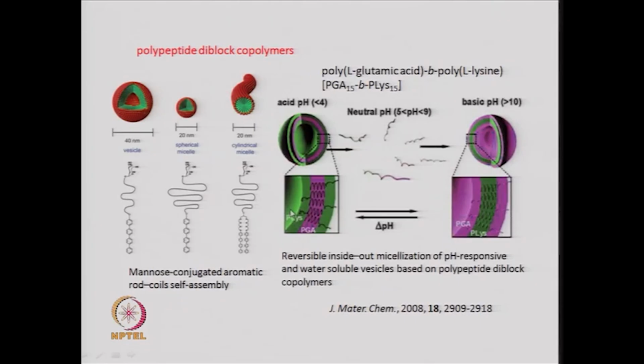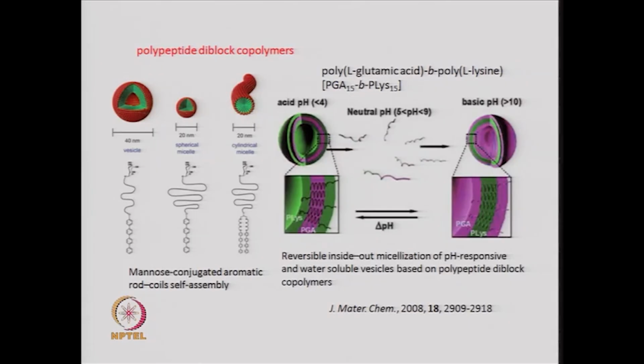You can vary the length of the chain: you can get a vesicle which is 40 nanometer wide, a spherical micelle which is 20 nanometer wide, and a cylindrical micelle which has a diameter of 20 nanometers. So, you can construct different kinds of self assembled structures if you change the initial component which is forming the self assembled structure.